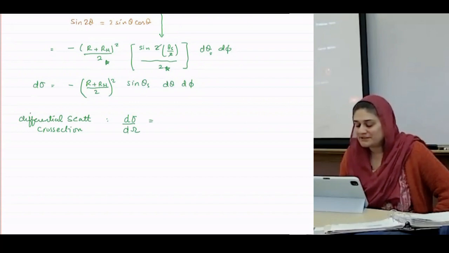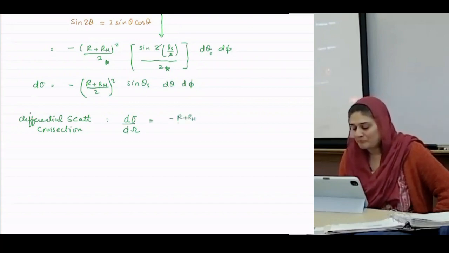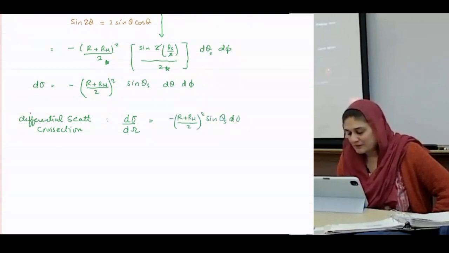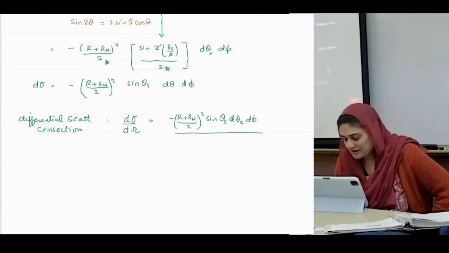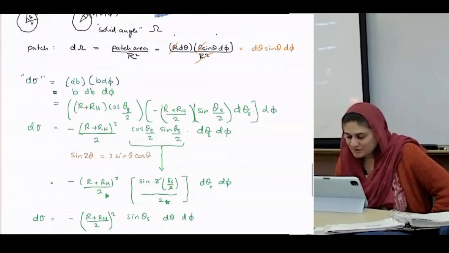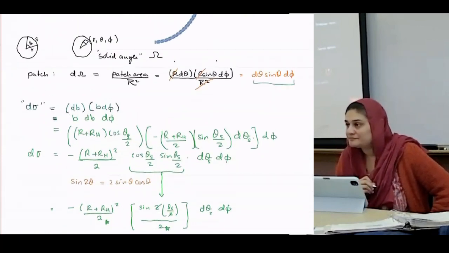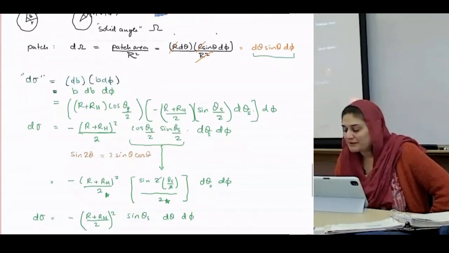What's the value of d sigma? I'm just rewriting this again. And what was d omega? Somewhere here, right there. Yes? May I plug that in here?